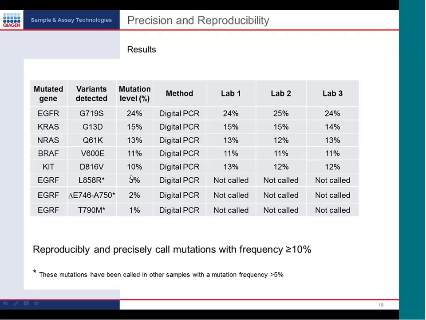However, if you look at the mutations which are less than 5%, we are not able to call them using our online data analysis tool. The reason we are not able to call them is because the mutation is less than 5%. In another sample, if a similar mutation is present at more than 5%, we were able to call it using our Sample to Insight solution.